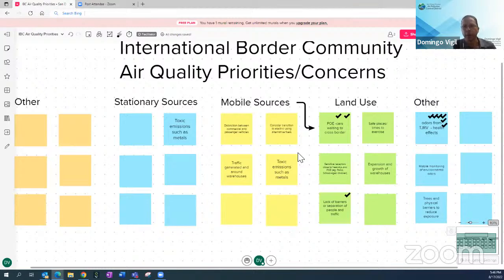I don't know that a specific pipe burst was mentioned, but it's already in the chat, so we can capture that. It's definitely under that same category of odors from the TJ River Valley and potential health effects from that. So thank you, Mariano, for your comment.